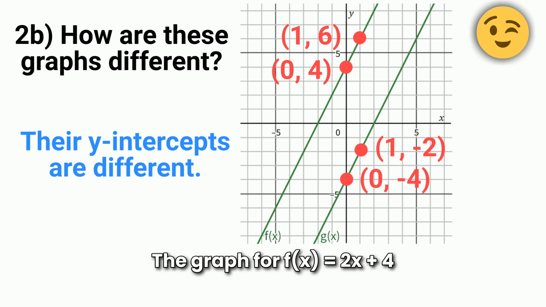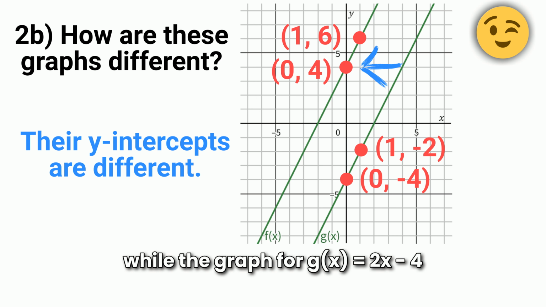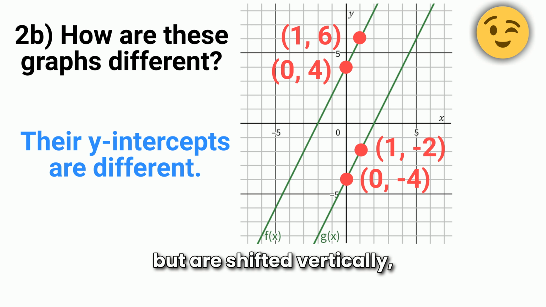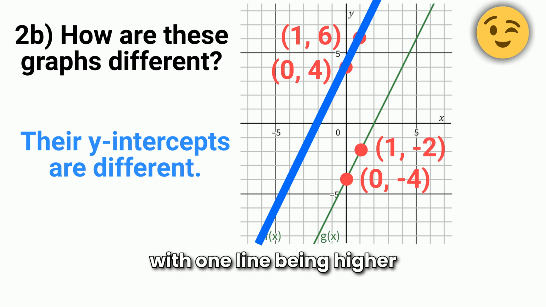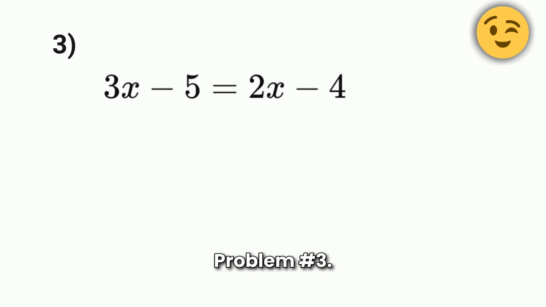The graph for f of x equals 2x plus 4 crosses the y-axis at positive 4, while the graph for g of x equals 2x minus 4 crosses the y-axis at negative 4. This means that the two lines are parallel but are shifted vertically, with one line being higher and the other line being lower. Problem number 3.